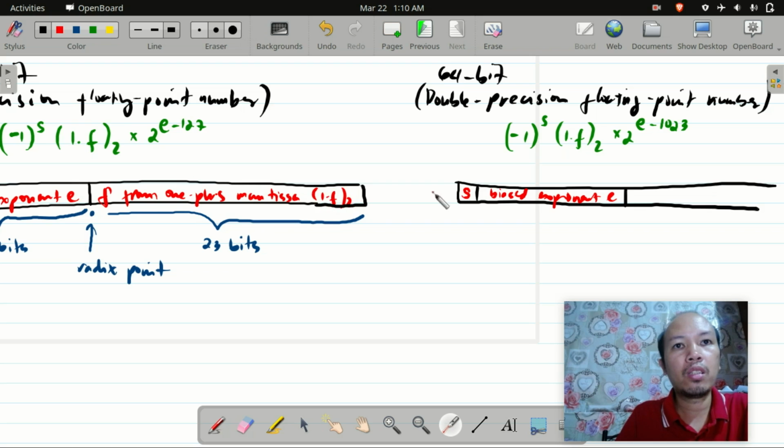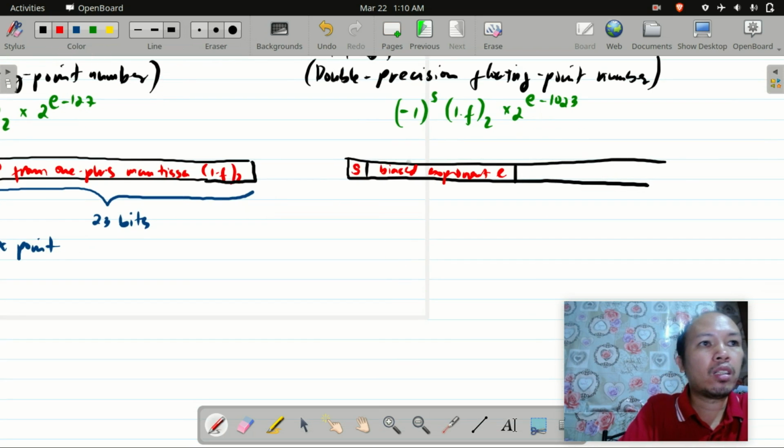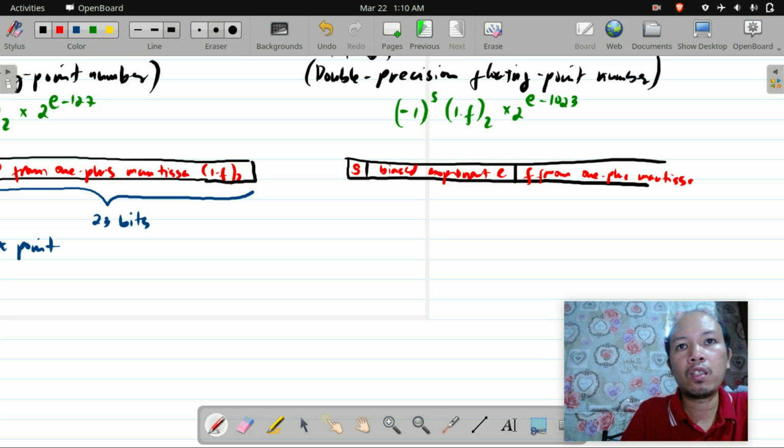Let's move it somewhere here. F from 1 plus mantissa, 1 dot f sub 2.